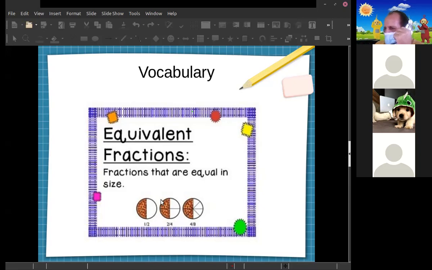The amount is the same, but the pieces are different. We say equivalent fraction, fractions that are equal in size. So the same amount, the same size in the fraction. Equivalent fraction.